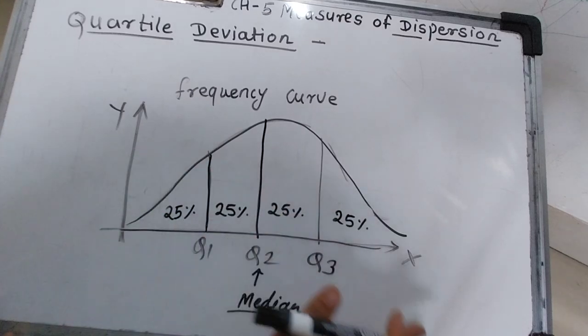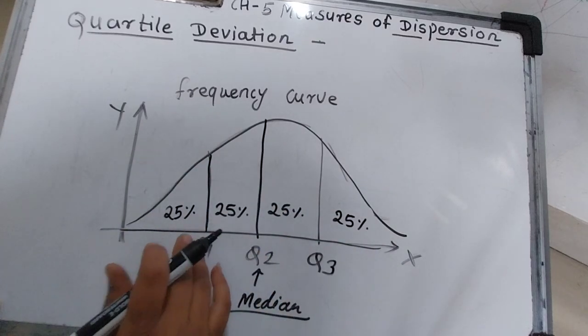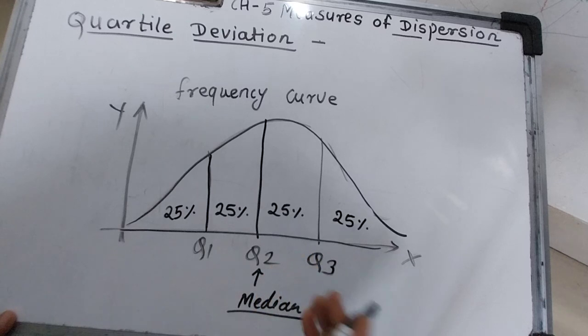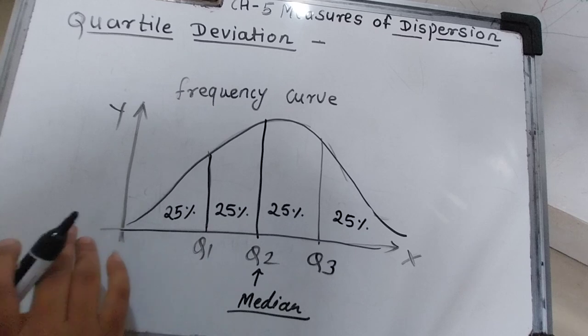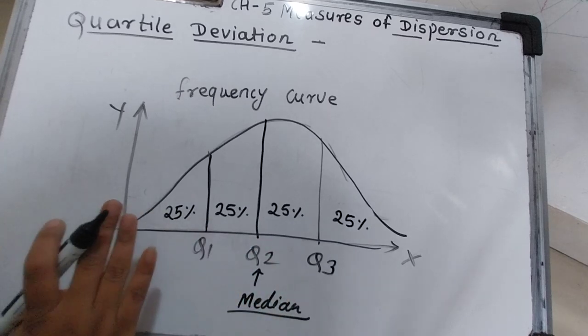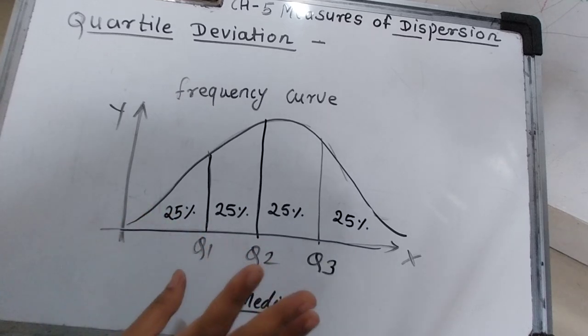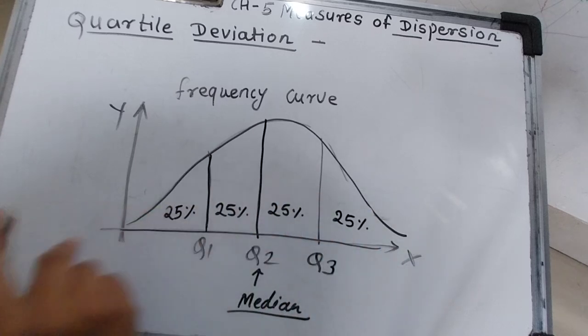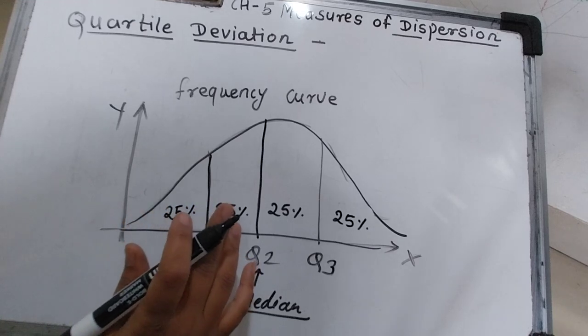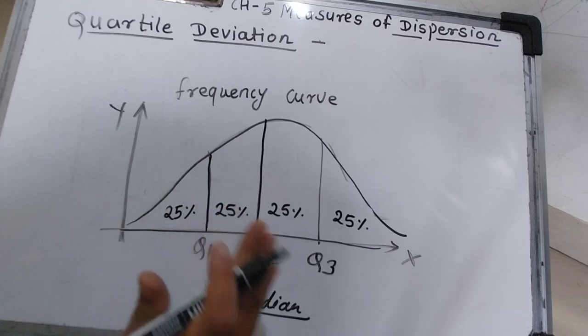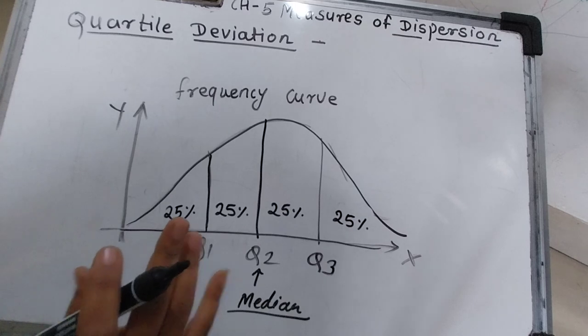See, nobody will ask in the exam how the frequency curve is drawn for quartiles Q1, Q2, Q3. If you don't understand, just watch and skip this portion and concentrate on the formulas and questions. Just learn the formulas and examples.